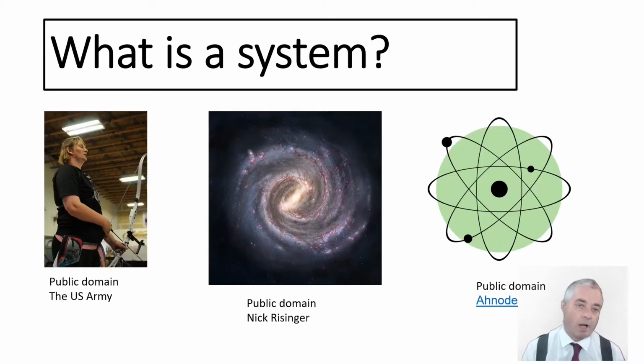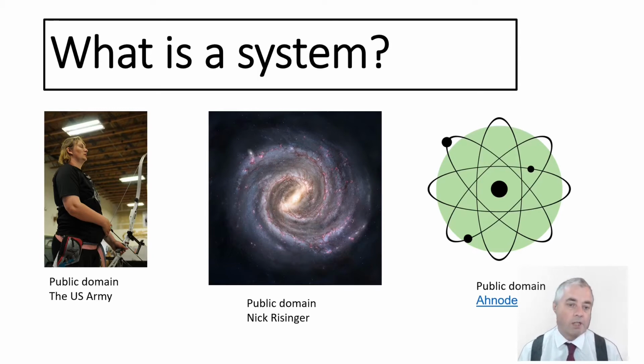Let's have a look at some examples of systems so we're just really clear about what we mean. So this system here is the archer and her bow and her arrow. Those are three objects, they're all interacting. That is a system. We've got a much bigger system in the middle, that's a galaxy.